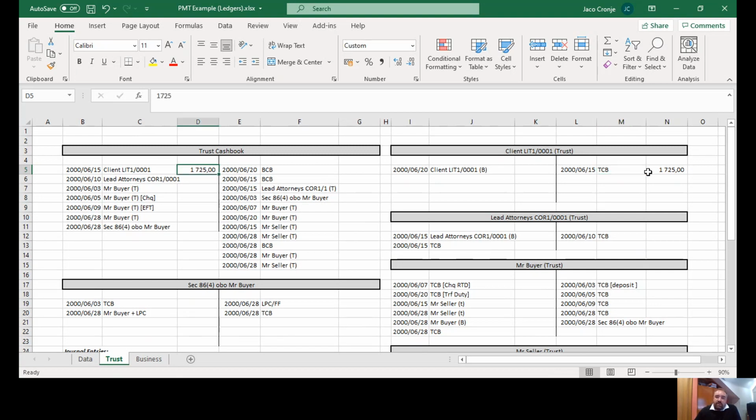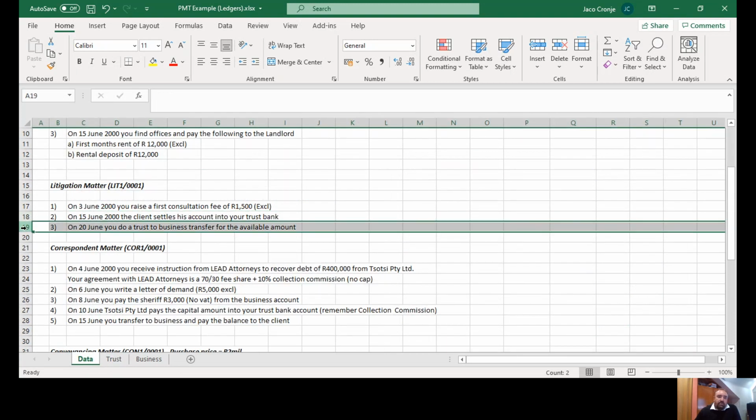Right, so simple, money comes in, we allocate it to our client. Now we read the next line. On the 20th of June, you do a trust to business transfer for the available amount. So let's first discuss what is the available amount.